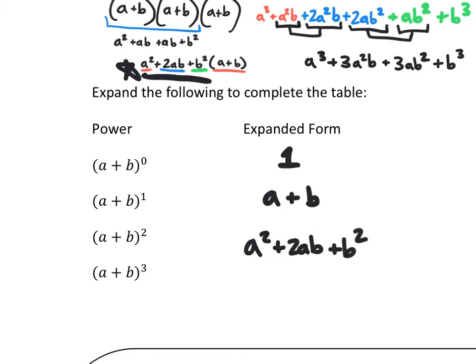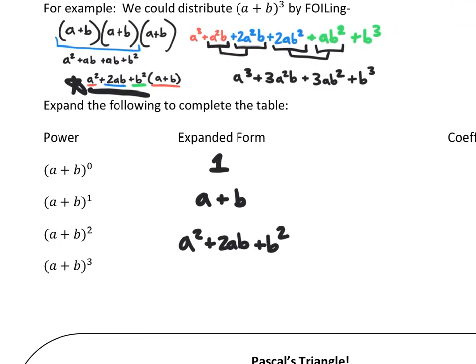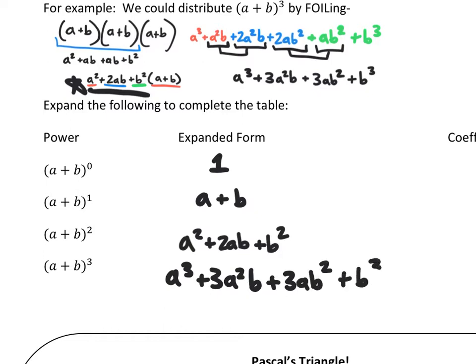And then the third one, a plus b cubed, was the final answer that we got at the end, which was a cubed plus 3a squared b plus 3ab squared plus b cubed.